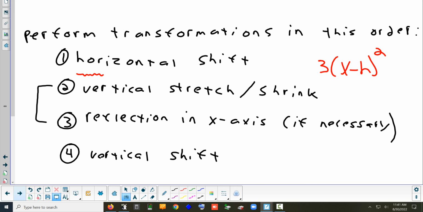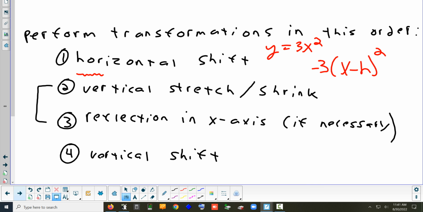Maybe it was 2x squared instead of 3x squared. If there's a negative with the number in front, that would be a reflection. And these are all if necessary. You may only have a vertical shift in your problem. You may not have the other three.